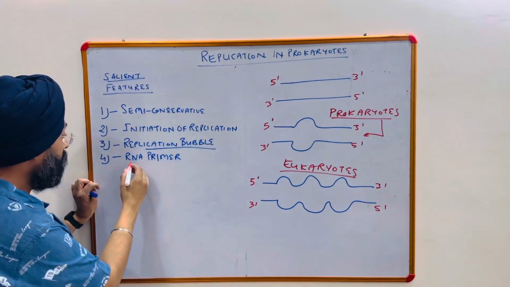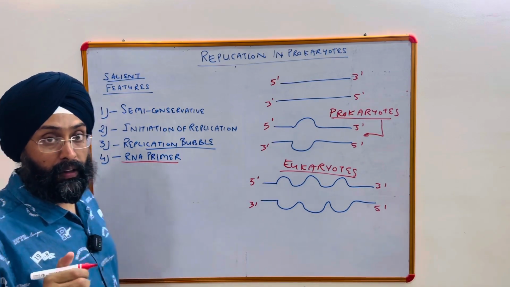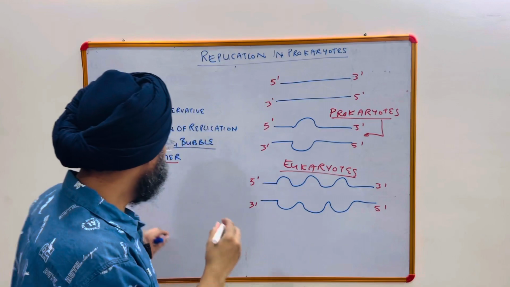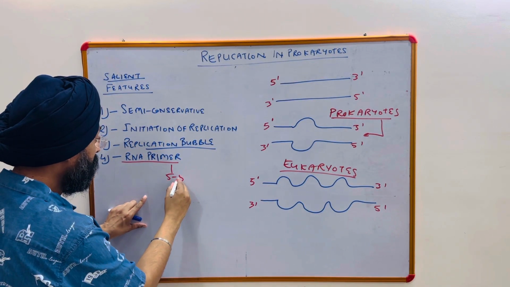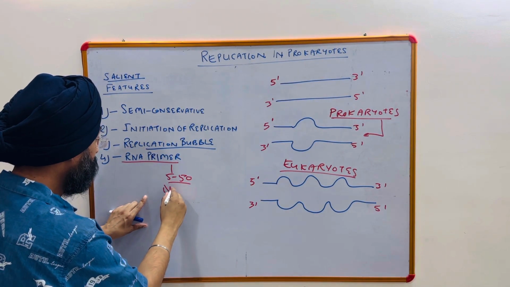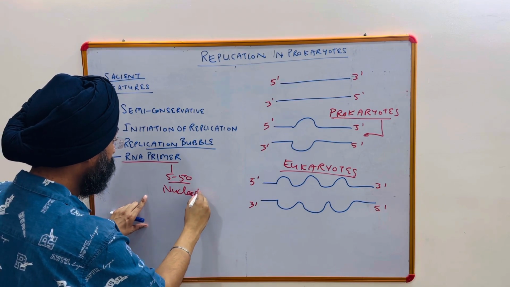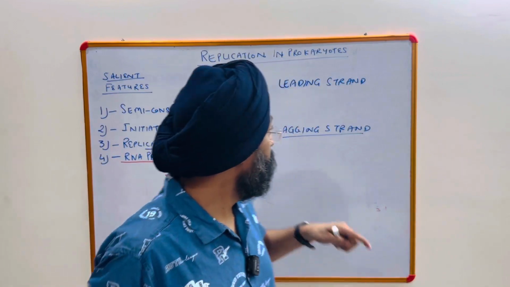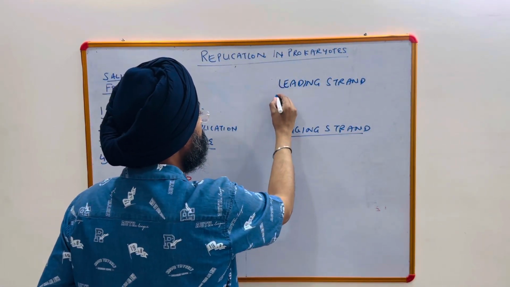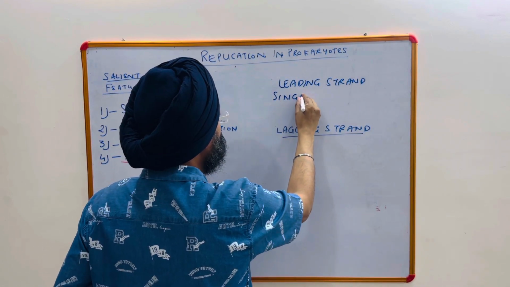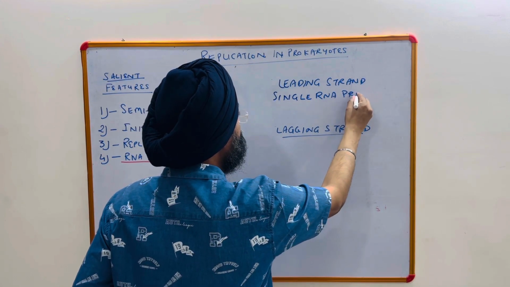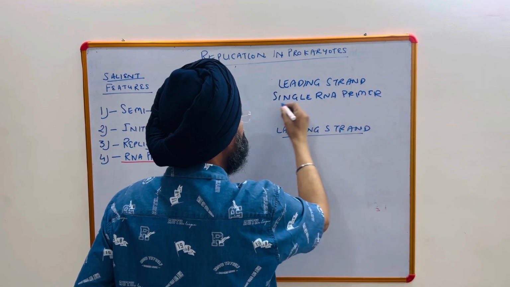Now coming on to the RNA primer, right? For the synthesis of new DNA, we need a small fragment of RNA with 5 to 50 nucleotides, right? Now in the leading strand, a single RNA primer is required, right?